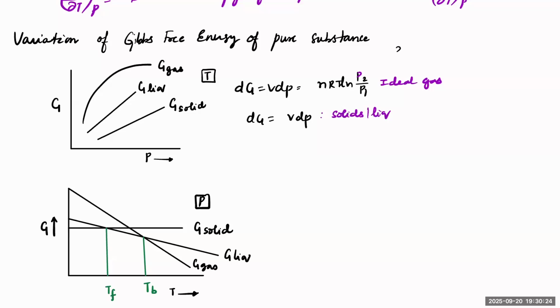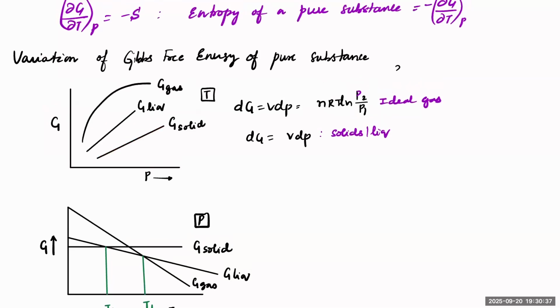Now notice this one. How does free energy vary with respect to pressure as the pressure increases or decreases? First, check out solids. If you compare solids, liquids, and gases, which would have more volume? It is directly proportional to the volume factor here.